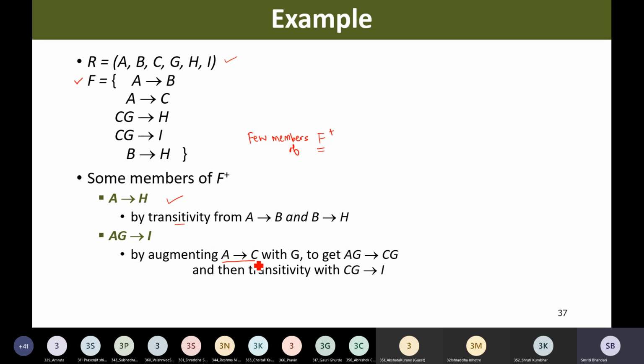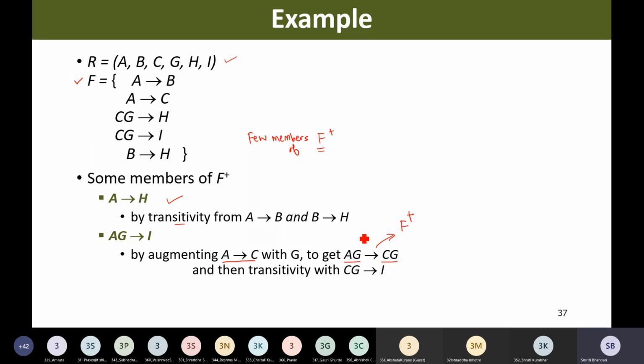So this functional dependency is being augmented with G. So we come up with AG to CG. Actually, this AG to CG is also a member of F plus.